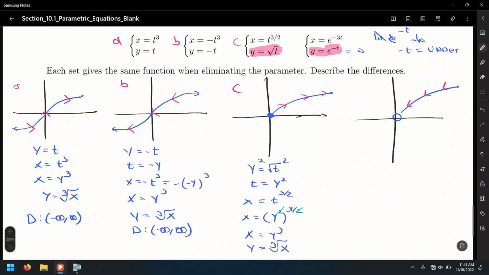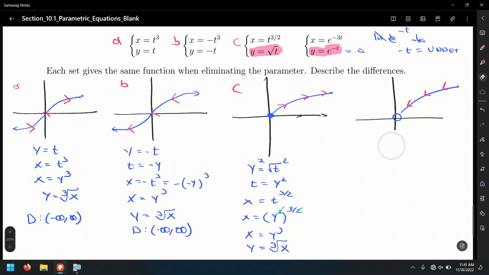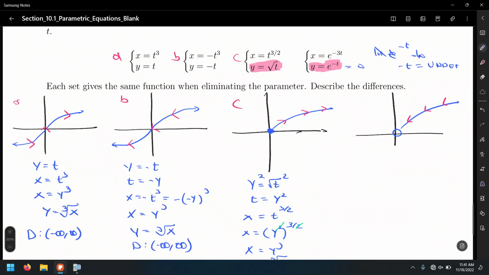Now let's eliminate the parameters. So let's go back from exponential functions back to this radical function. I know it's kind of weird, but that's actually the thing. Let me make some space here. Alright, there's a couple of ways to eliminate the parameter. Again, the easiest of the equations is going to be the second one because it doesn't have too many coefficients.